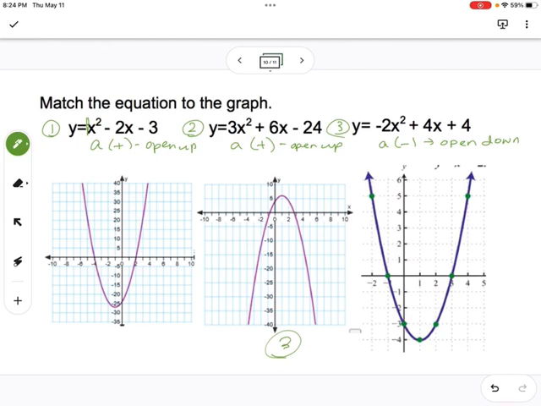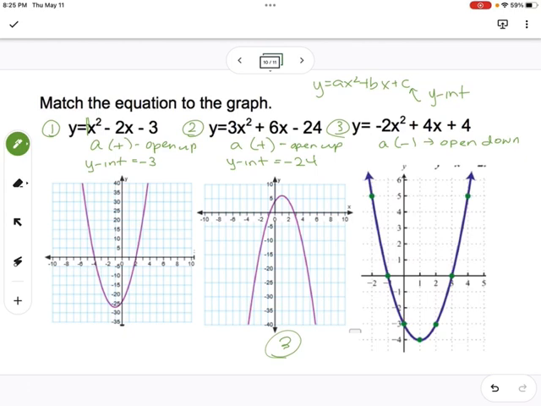Now we need to figure out the difference between equations 1 and 2. Now, the other trick is that when we're given the equation y equals ax squared plus bx plus c, the c value is the y-intercept. Okay, so looking at our two equations, the y-intercept for the first equation is negative 3, and the y-intercept for the second equation is negative 24.